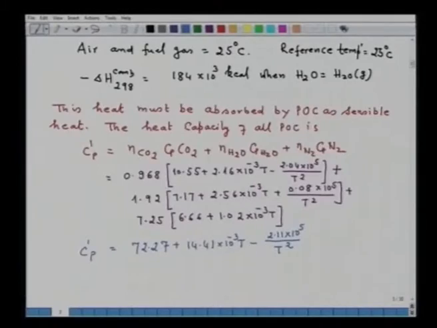Now, we have to do the heat balance, that is heat input equal to heat output.